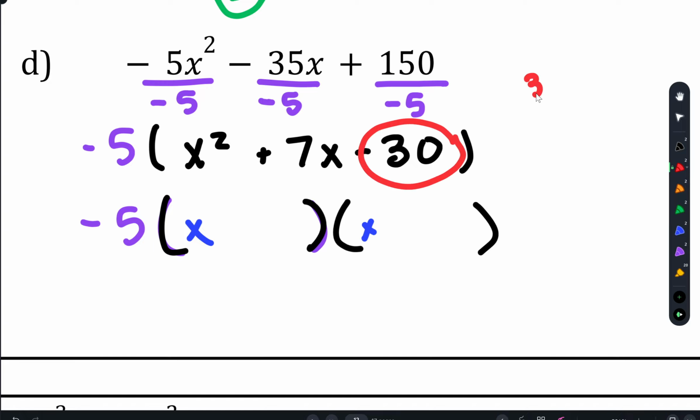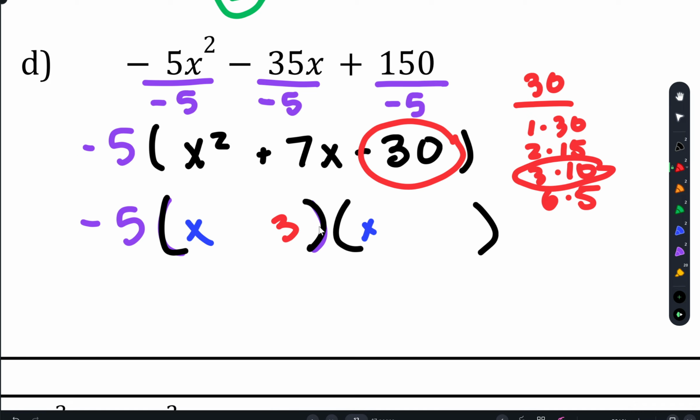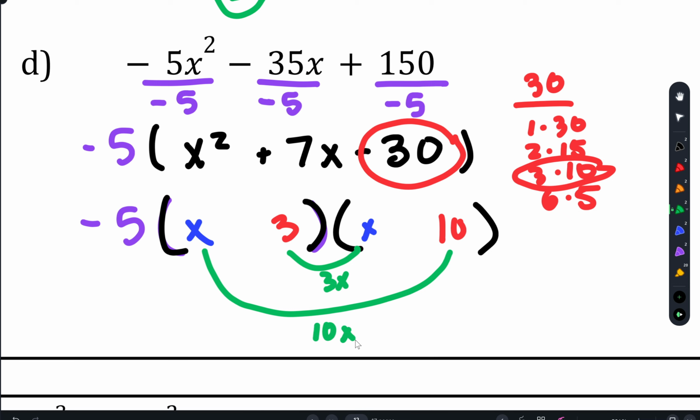What do we want to pick? Positives, negatives, one of each. Okay, which one's positive, which one's negative? Perfect. 10 minus 3 gets me 7.